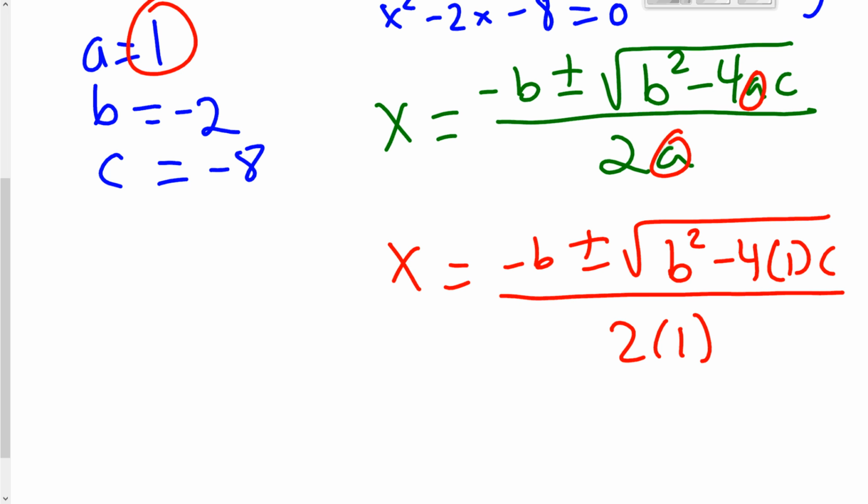The more tedious you are, the more time you take, and the more care you take to plug in and make sure you do every little thing right, the fewer problems you're going to have later. Yes, it takes more time, but the more precise you are, the more likely you'll get the right answer.